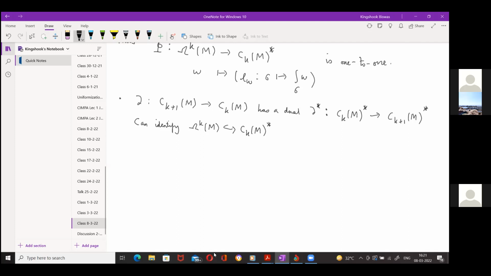And Omega^{k+1}(M) with a subspace of C_{k+1}(M) star. So the question is: is delta star of the k-forms Omega^k(M) contained in the (k+1)-forms Omega^{k+1}(M)?